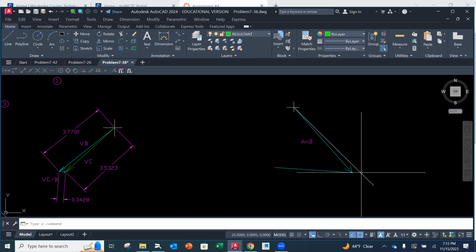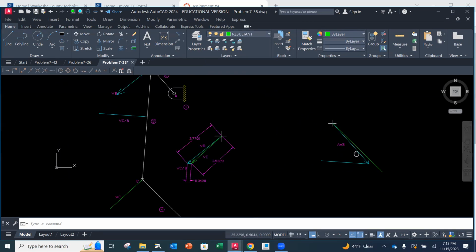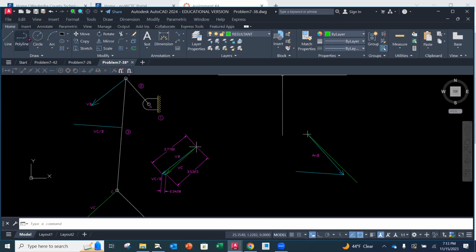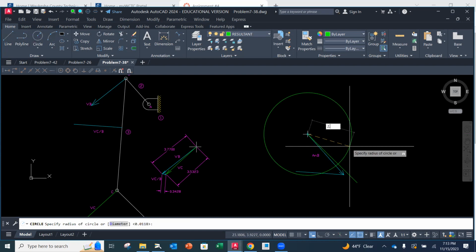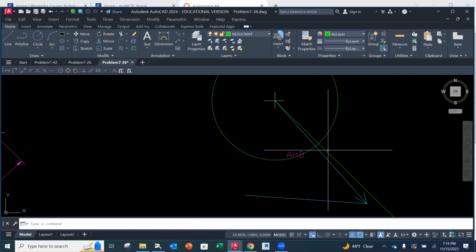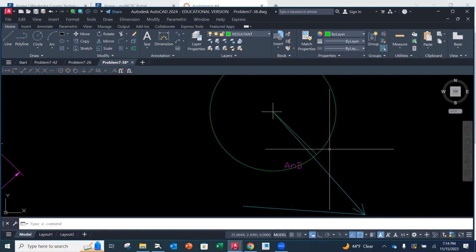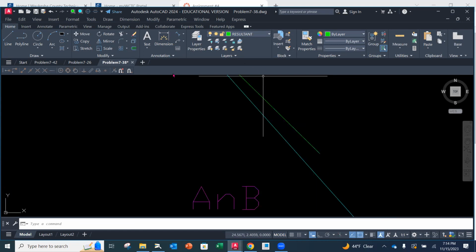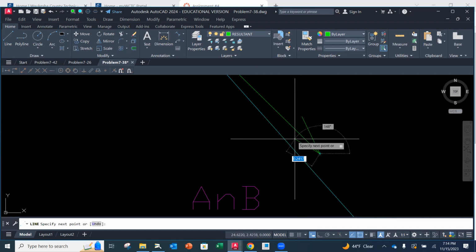And we know its magnitude is 2.0795, so I've got to do a radius. And I'll label this one. I didn't label my last ones. I should have.